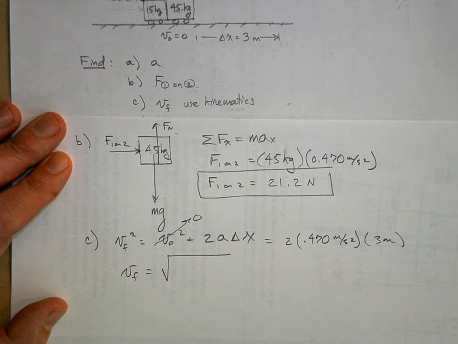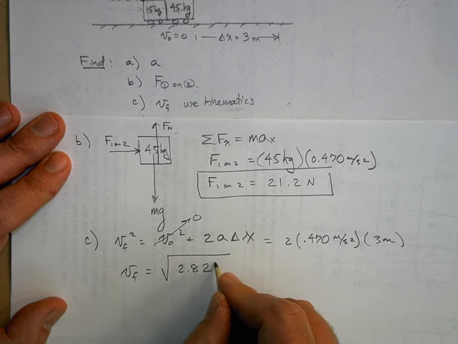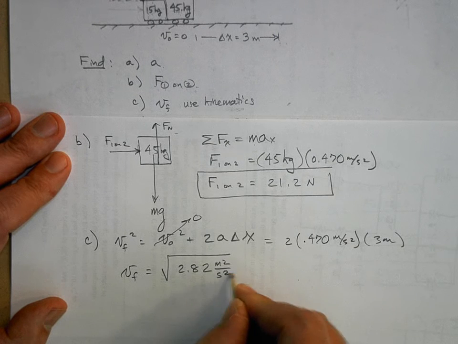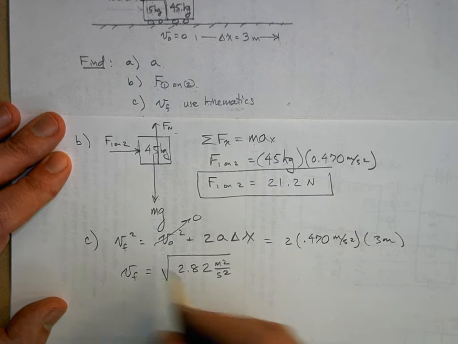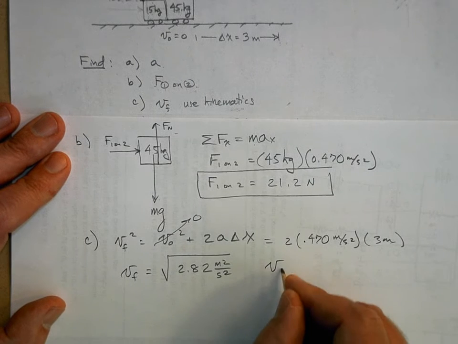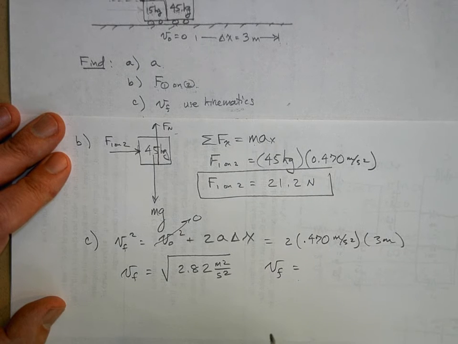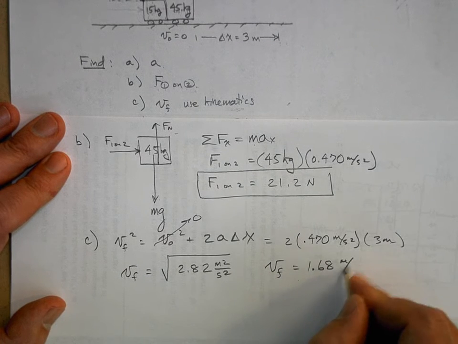That's 2.82 meters squared per second squared. Notice, meters squared per second squared. But then you take the square root of it, which on my calculator I just raise to the 0.5 power. And my final velocity is 1.68 meters per second.